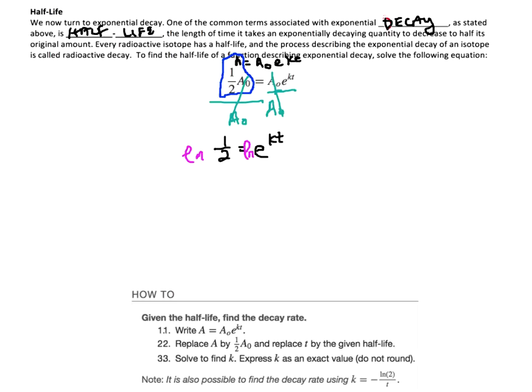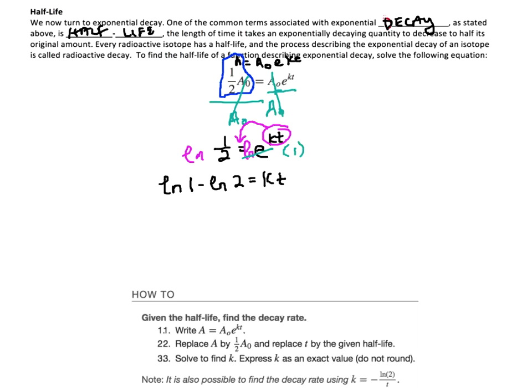Using our quotient rule for logarithms, the ln of 1/2 is the same thing as the ln of 1 minus the ln of 2. And that equals ln of e to the kt. That kt can now come out front as the coefficient. Also remember though, the ln of e, that's just 1. So that's going to go away, and all I'm going to have on the right-hand side is kt.